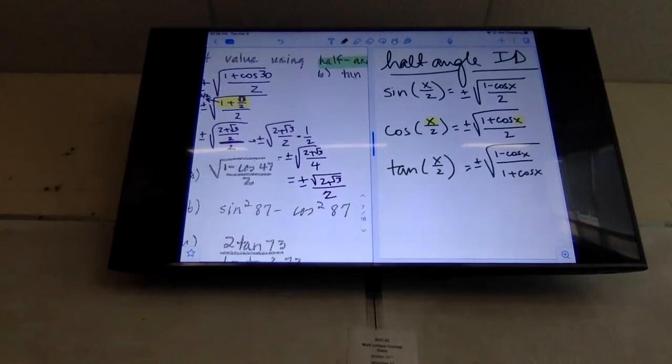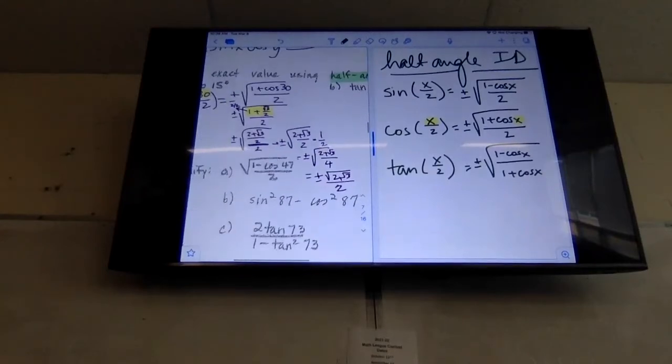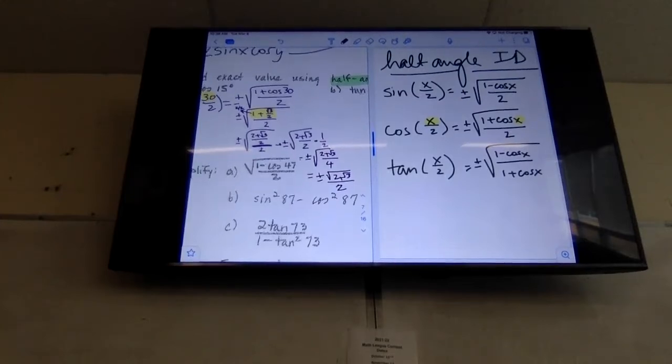Now, I didn't mention this in my other classes, so I'm going to need to remind them tomorrow. But the plus or minus only helps me until I know what quadrant I'm in. What quadrant is 15 in? 1. Is cosine positive or negative in quadrant 1? Positive. So I could actually get rid of that whole plus or minus because technically it's going to be a positive value.